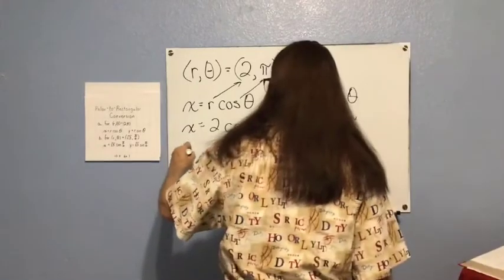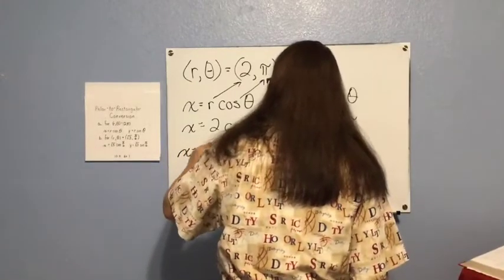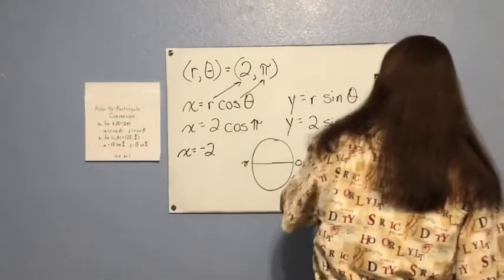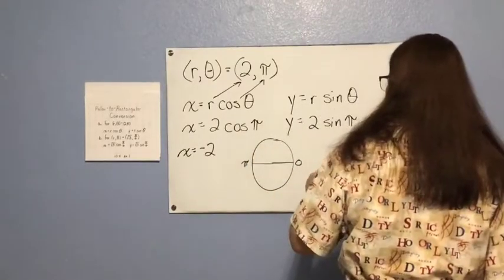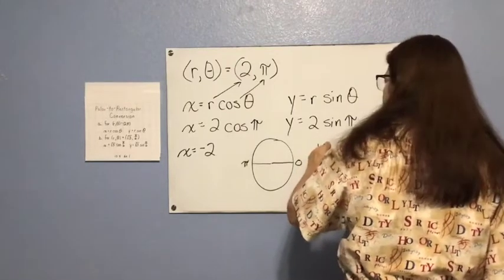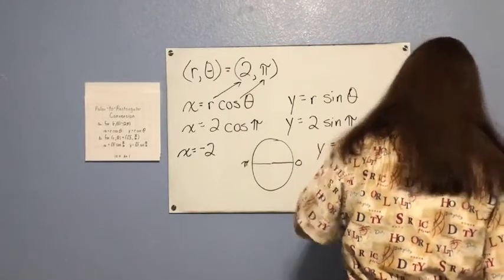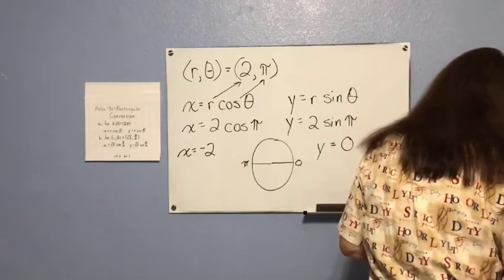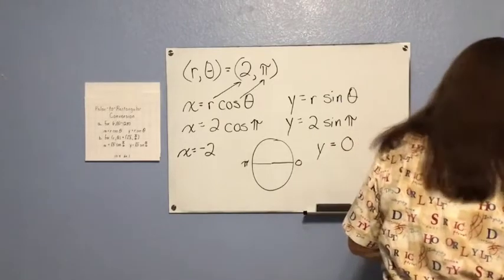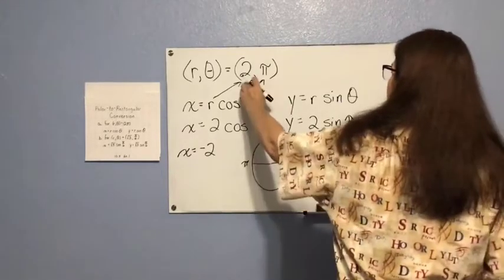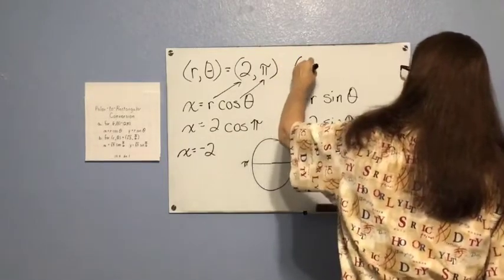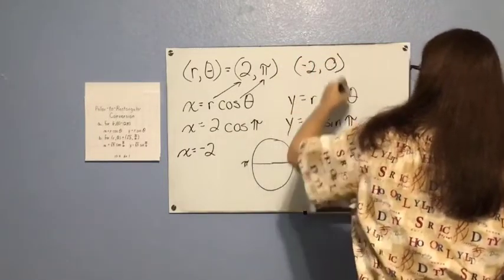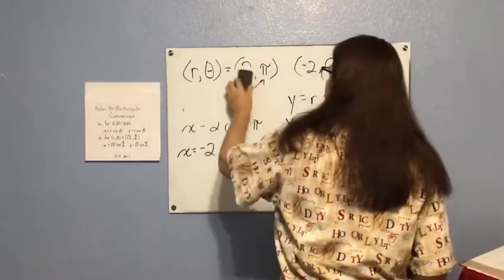So x is -2. The sine of pi is 0, so y is equal to 0. So my rectangular coordinates that go with 2, pi are -2, 0.